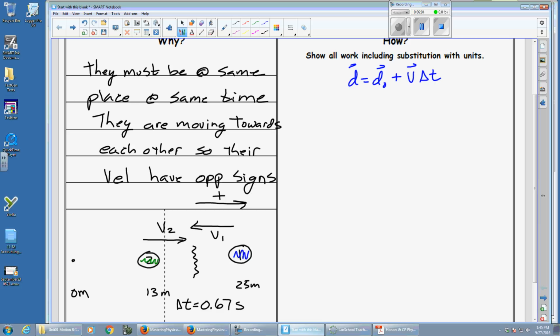So for object 1, it's going to end up at D, where they both end up. It's starting at 25 meters. It's moving at negative V1, and it's doing it for delta T.